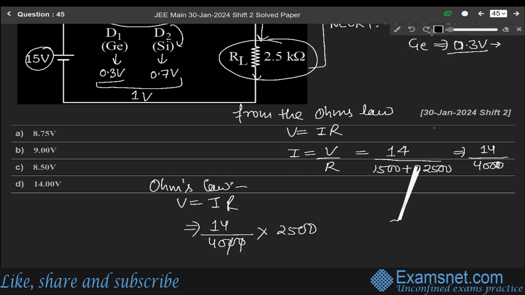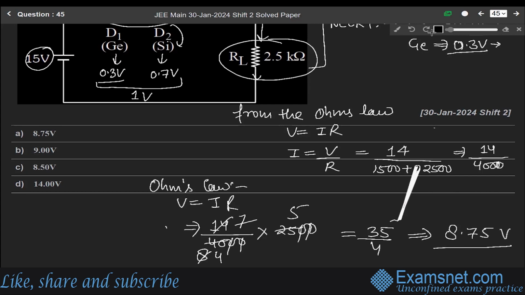Solving it, 5 5s are 25, 5 8s are 40, 2 7s are 14, 2 4s are 8. So it will be 35 over 4. We get 35 over 4, and 4 8s are 32, so the remainder gives 0.75. So the correct answer is 8.75 volt.